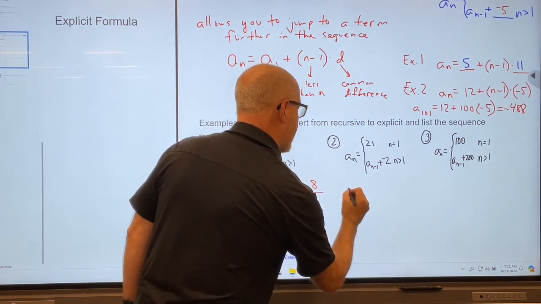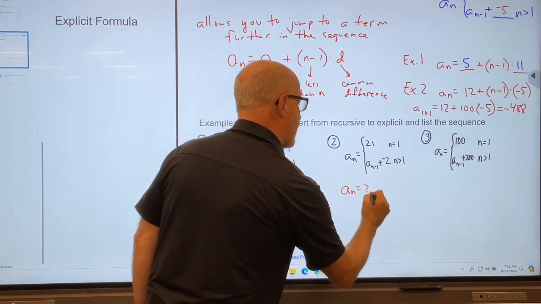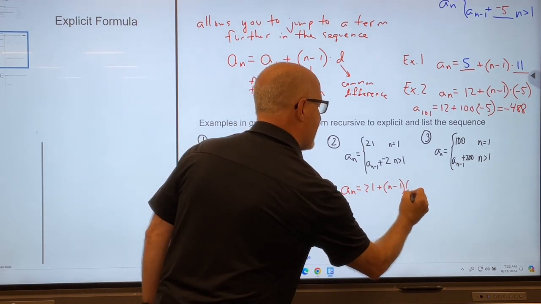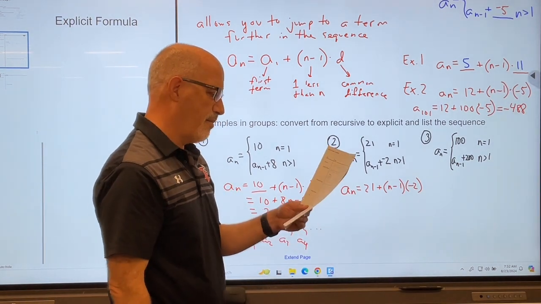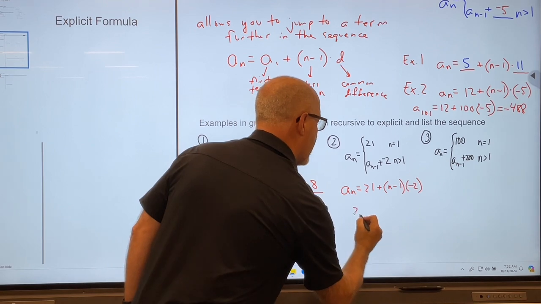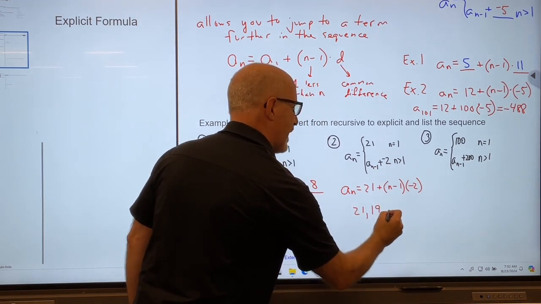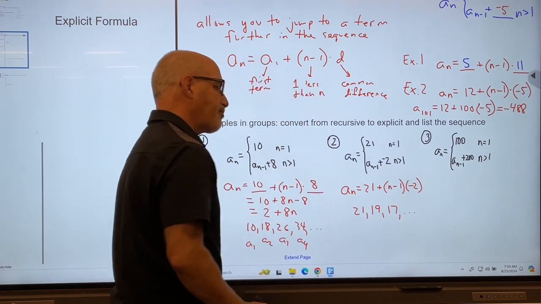So this is going to be for my explicit formula, a sub n equals the first term plus n minus 1 times negative 2. And you could simplify that to get a simpler form. Okay, and then if you list out the numbers, you'd start at 21. You're going to add negative 2 each time, so that's 19. Add negative 2, you get 17, and then you can keep going.